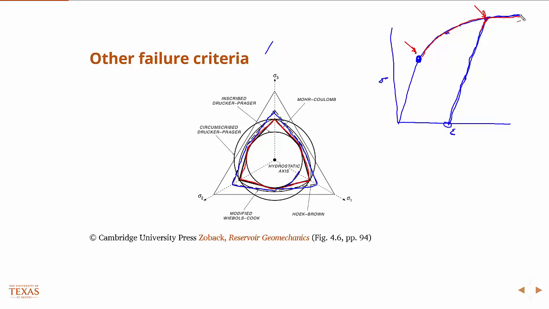So when we solve these in a computer, we basically solve an optimization problem, essentially a constrained optimization problem. This constraint is that the state of stress has to be inside or on that yield surface, okay? And in a computer, everything's discrete, right?